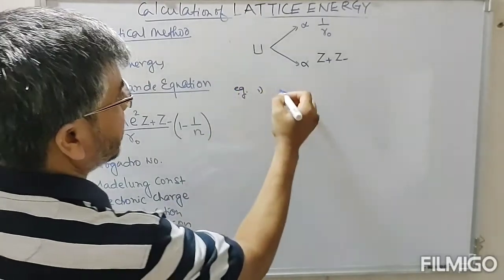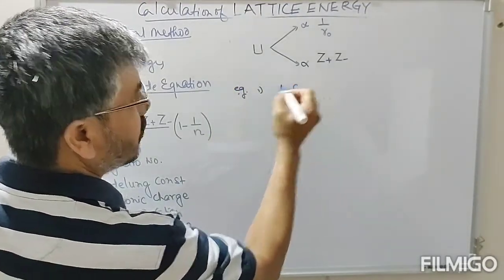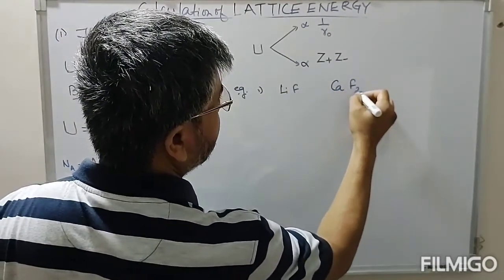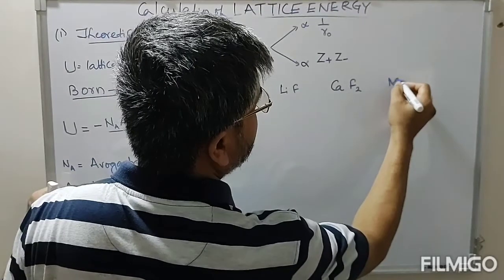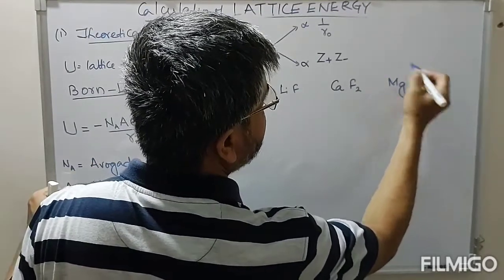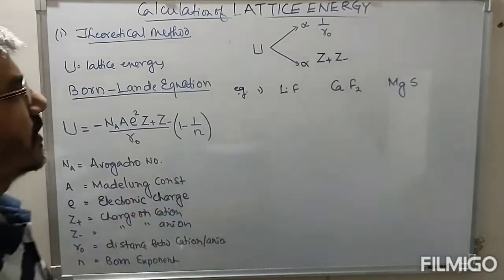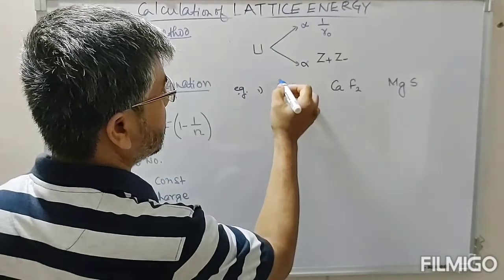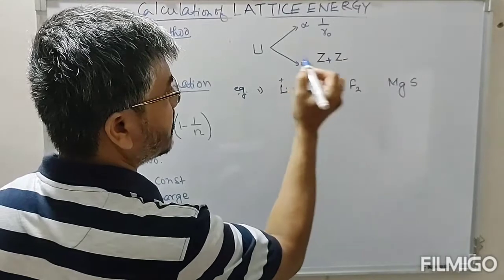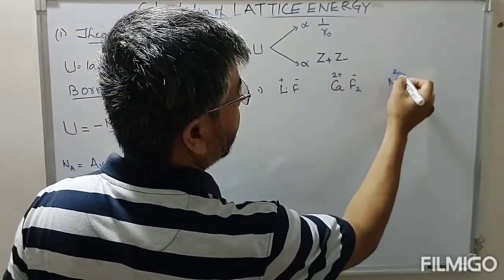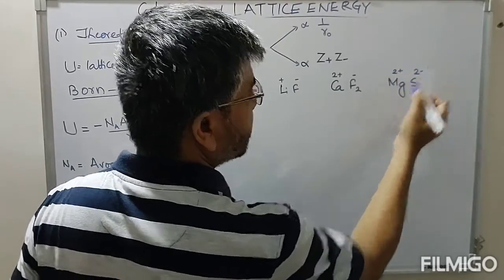Take lithium fluoride, calcium fluoride, and magnesium sulfide. Let's compare. This is lithium plus, fluorine minus, calcium 2 plus, fluorine minus, magnesium 2 plus, sulfide 2 minus.